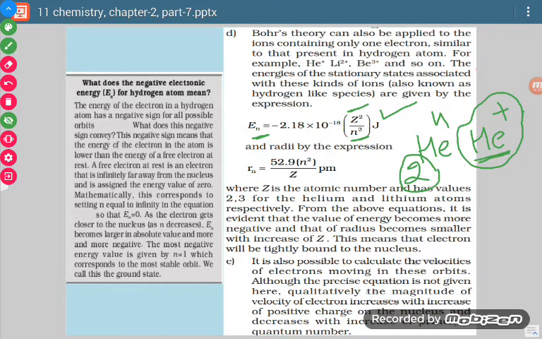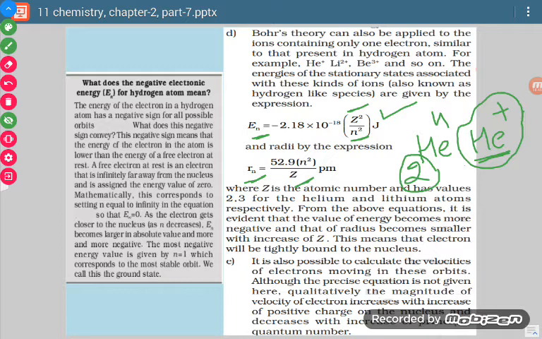That will give the value of E1 for the electron in the first orbit in He positive. Similarly, what is the radius value? R1 is equal to 52.9 into 1 square over 2. That will give the radius of the electron present in the first orbit in the He positive ion.